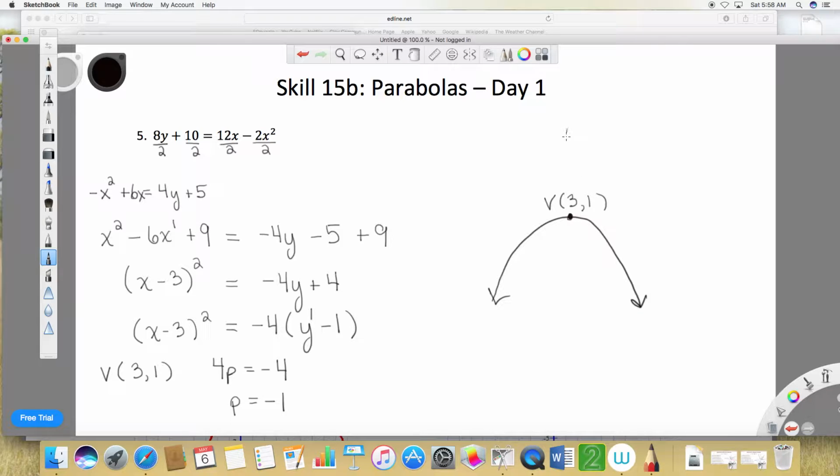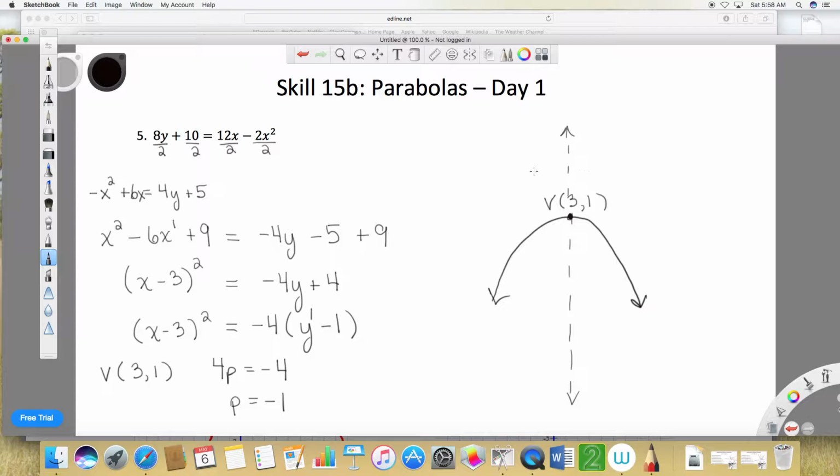We also know that there's 2 lines of interest, the axis of symmetry that passes through the vertex, and it's referred to as the axis of symmetry because this parabola is symmetric about that line.